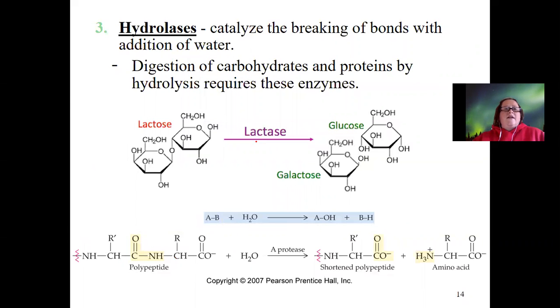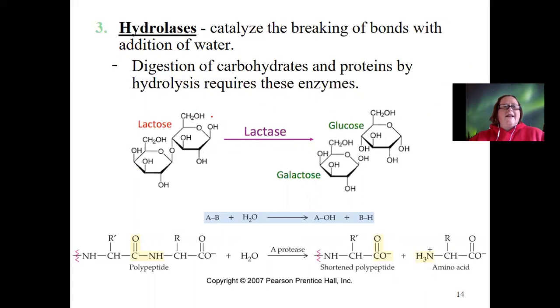Another category is hydrolases, and we have talked about the act of hydrolysis, the use of water to break bonds, and hydrolases are enzymes that can speed this up. So one example is the digestion of carbohydrates.